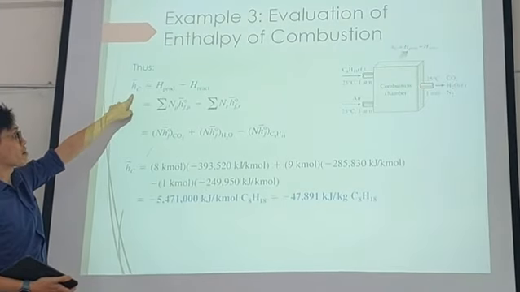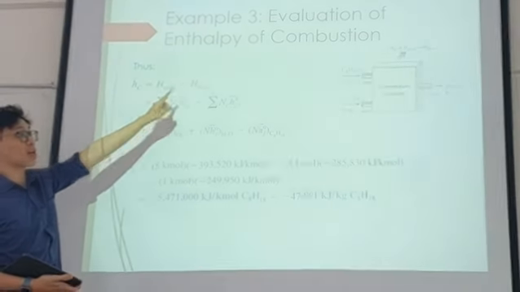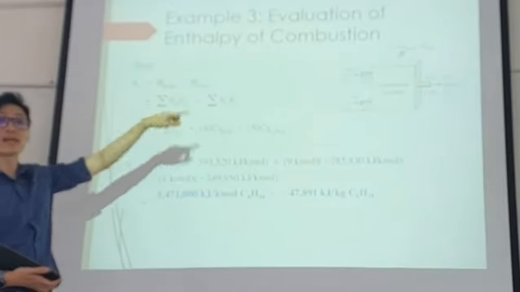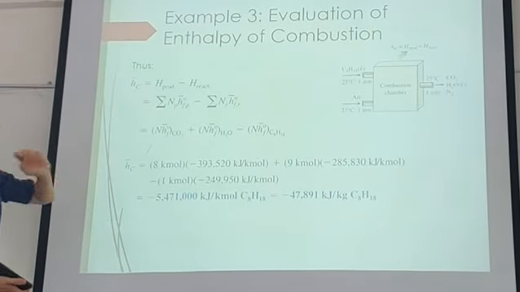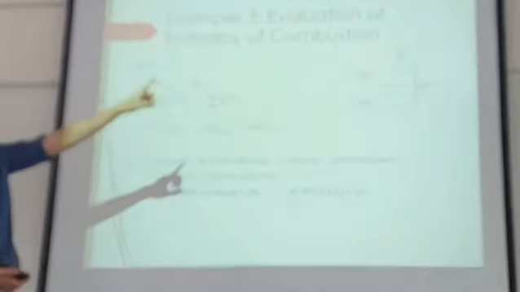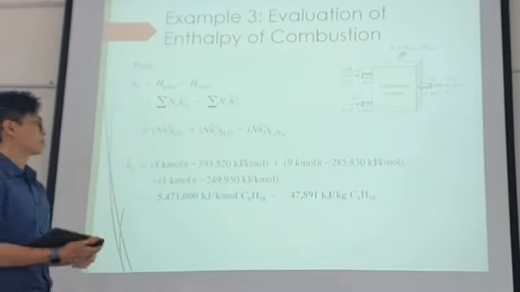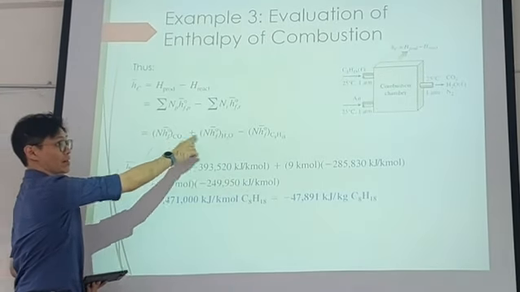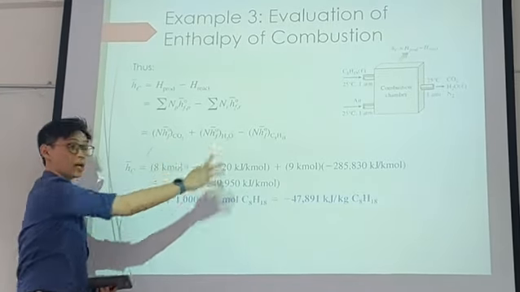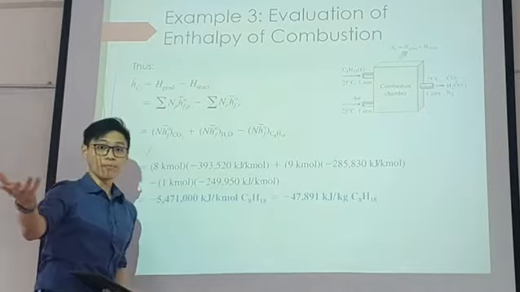So again, enthalpy of combustion is just the enthalpy of the product minus the reactant. So in this case, the product, we have CO2, we have H2O, that's all, because N2 is 0. Reactant, we have C8H18, air is also 0.